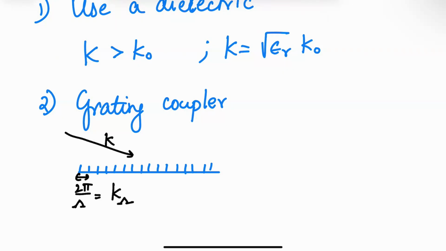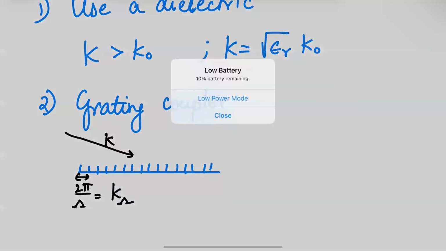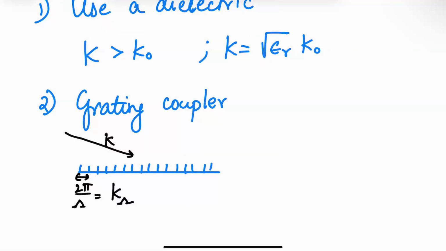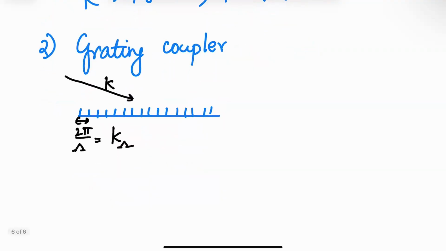And then there is a condition that this structure satisfies such that essentially you can boost the k of your incoming signal such that it can excite this plane wave, or this evanescent wave, or the surface wave. We won't deal with that here, but I just want to mention it.